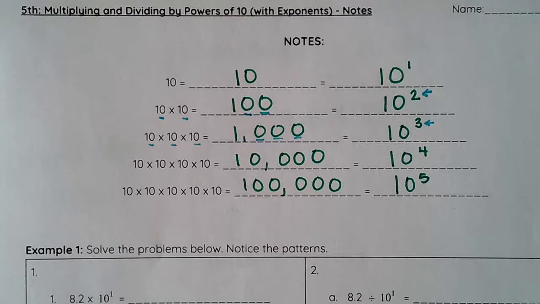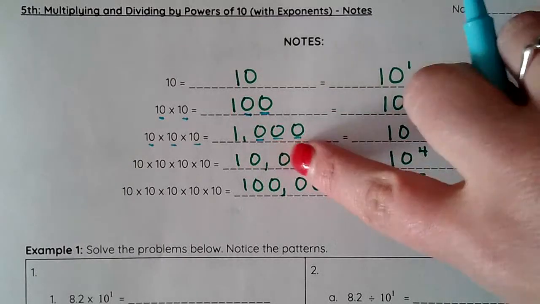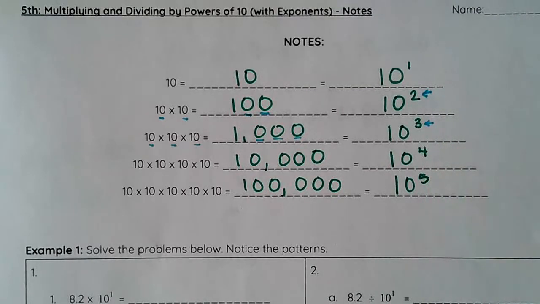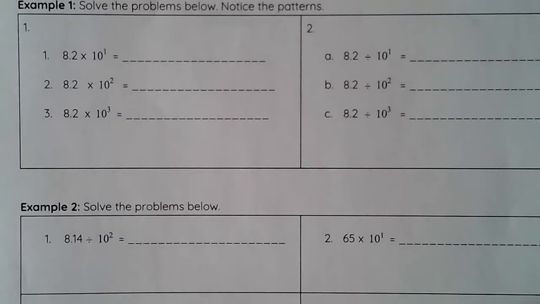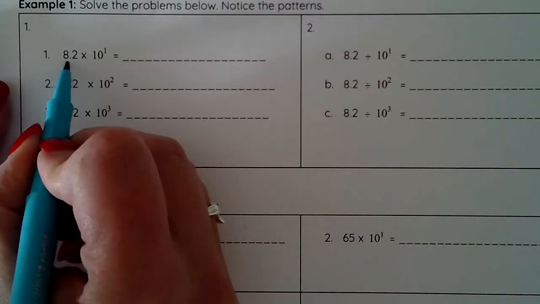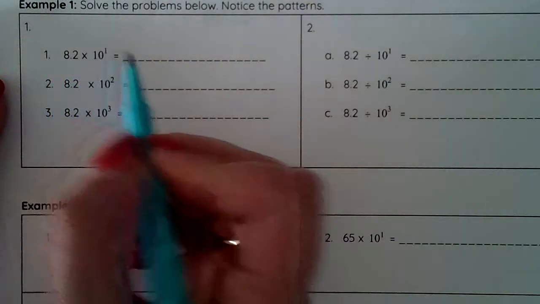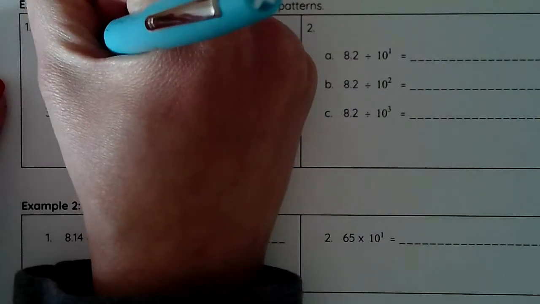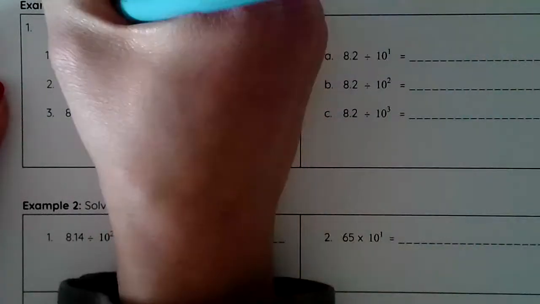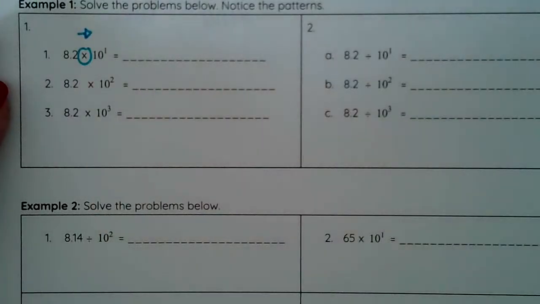We are going to continue doing the same thing we did in the last lesson when we multiply, and our decimal movement depends on the number of zeros or the exponents. Today we'll focus on the exponents. So down here, we are going to solve the problems and notice our patterns. Just like before, when I read my problem, 8 and 2/10 times 10 to the first power, I am going to go ahead and multiply my symbol because that tells me the direction that my decimal is going to move.